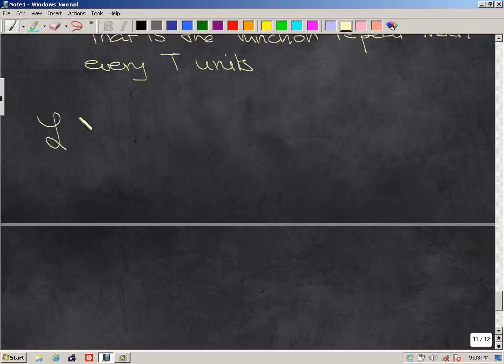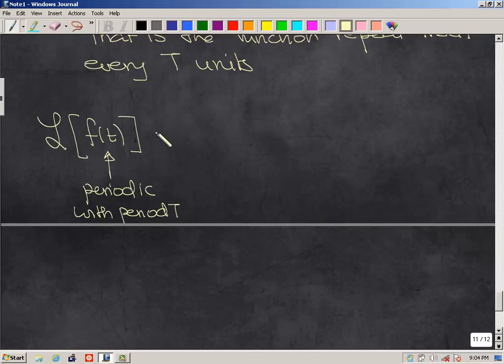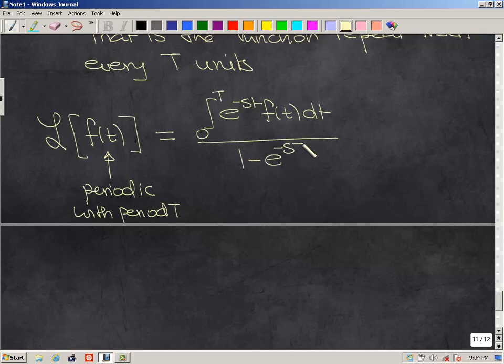The Laplace transform of little f of t, which is a periodic function with period T, is equal to the integral from 0 to capital T, the period, of e to the minus st times f of t dt, divided by 1 minus e to the minus s capital T. So that is the formula for the Laplace transform of a periodic function with period T.